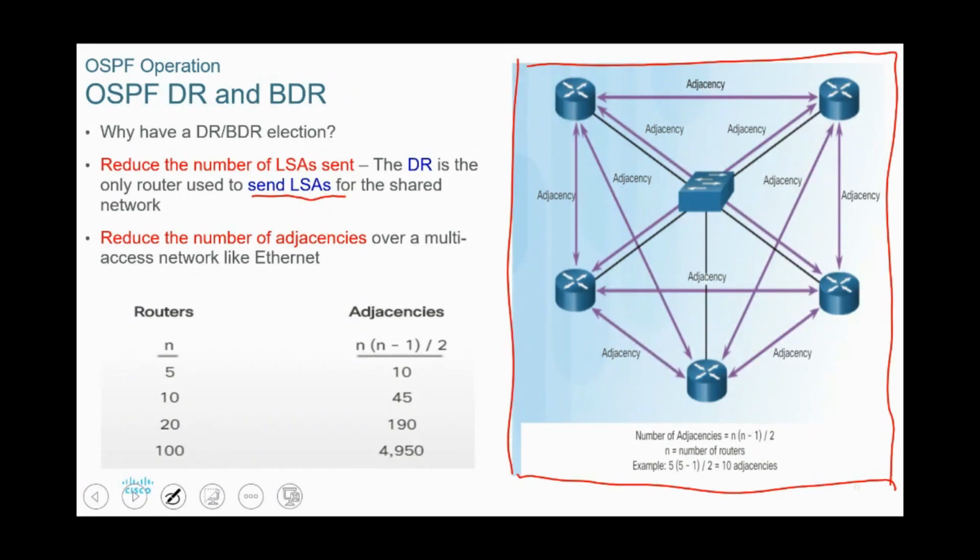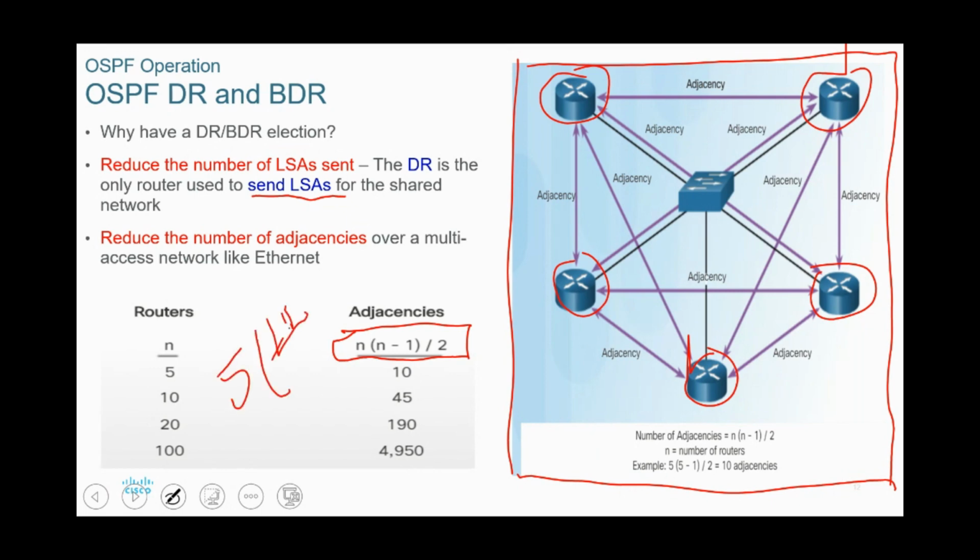How do we know how many adjacencies will be formed by the routers? Assuming that in this topology we have 1, 2, 3, 4, 5 routers. With these 5 routers, you pick up this formula: n times n minus 1, divided by 2.